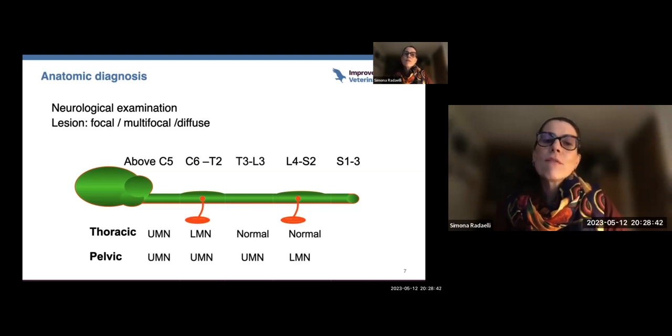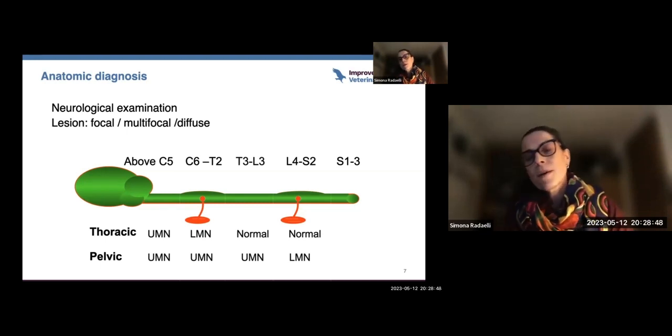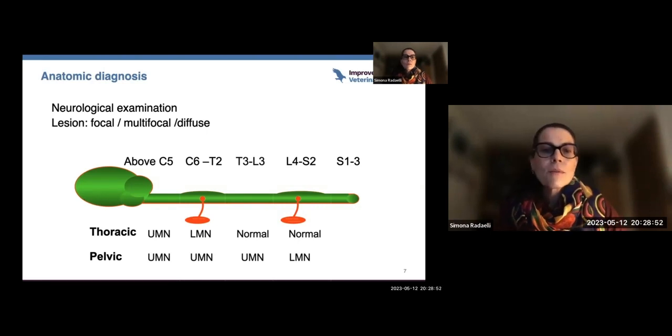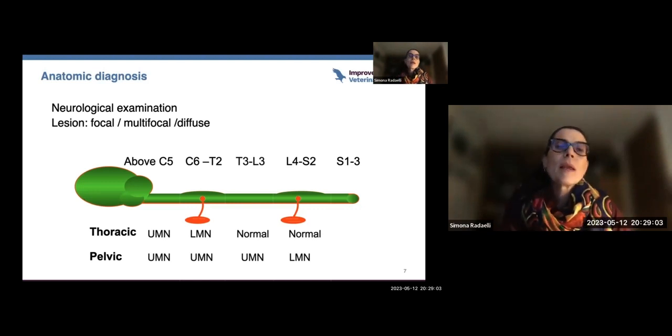So C1 to C5, C6 to T2 with the cervical intumescence, T3 to L3, L4 to S1, S2 with the lumbar intumescence, and then the caudal part of the spinal cord. And then, of course, let's not forget, we have the neuromuscular system, so the peripheral nervous system as well.